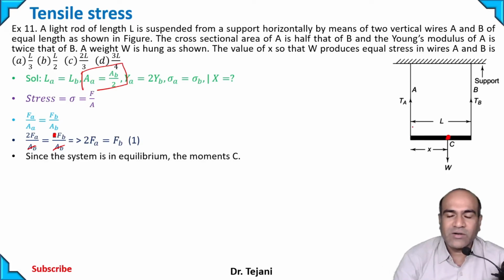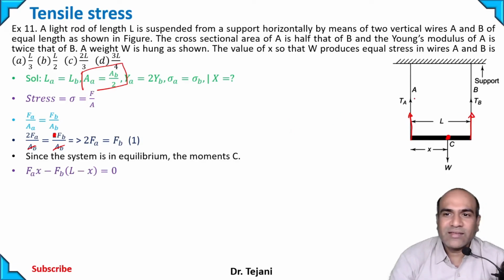So see here, we can see that this object's upper side, TA, is upper side, or simply it generates stress. TB is also upper side.